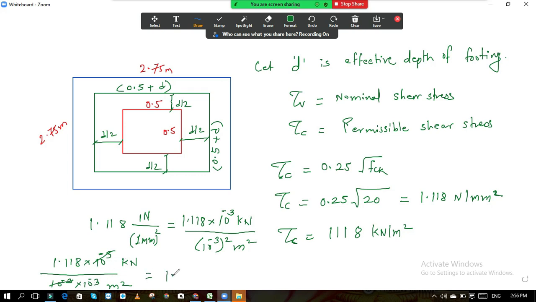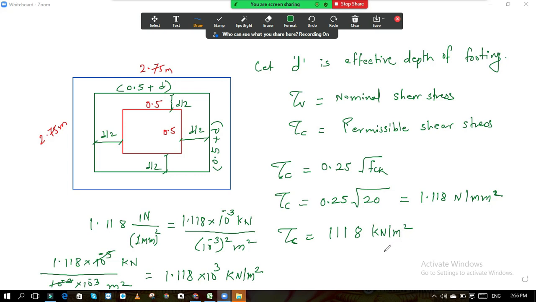So your final answer is 1.118 into 10 raised to 3 kilonewton per meter square. This is your permissible stress. So the permissible shear stress is 1118 kilonewton per meter square.